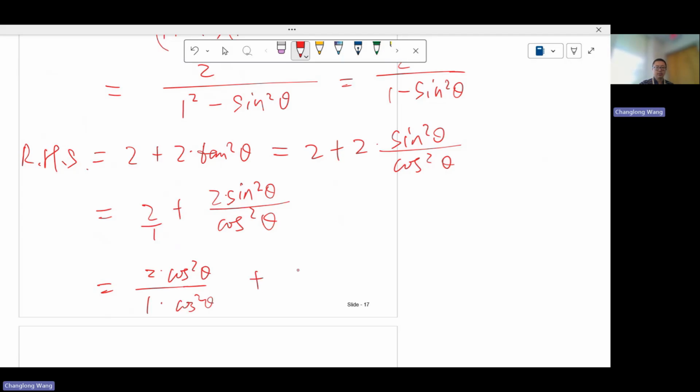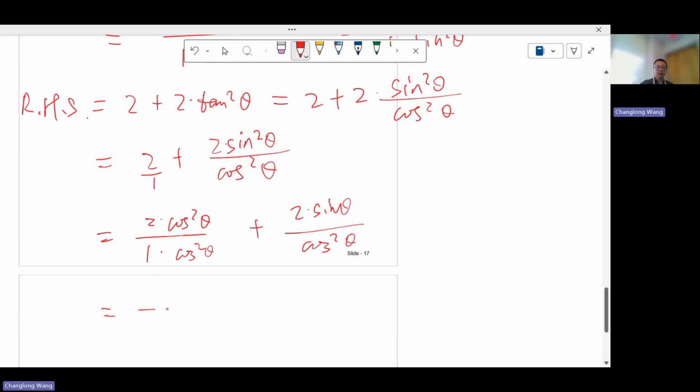Okay, add it to 2 times sine squared theta over cosine squared theta, right? And you're ready to combine them by putting the sum of the two numerators, 2 cosine squared theta plus, oh, sorry, there's a square, right? 2 sine squared theta, right? Over cosine squared theta.